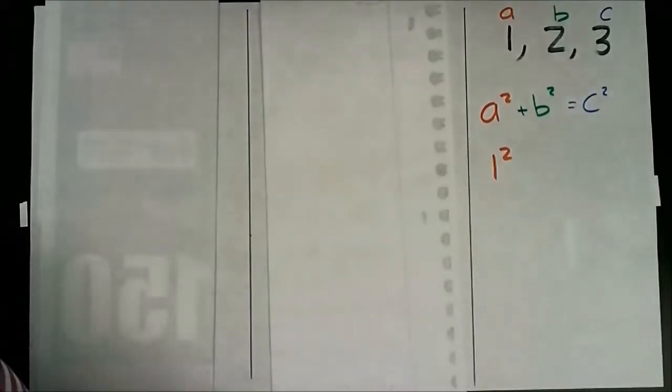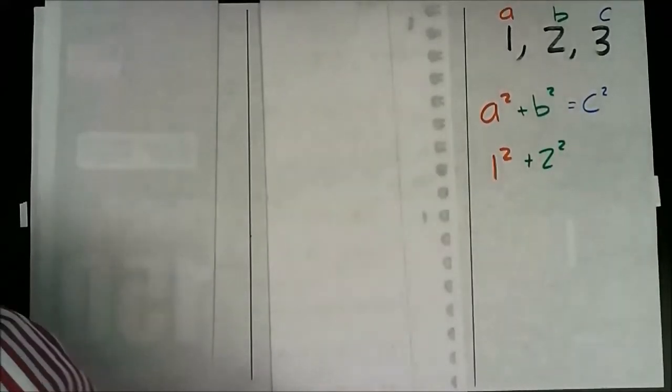If I have the same thing on both sides of the equal sign, then it's a right triangle. If not, then it's some other kind of triangle, or maybe it's not even a triangle at all, but just three random sides. That means I'm going to have, instead of a squared, 1 squared. Instead of b squared, 2 squared. And instead of c squared, 3 squared.